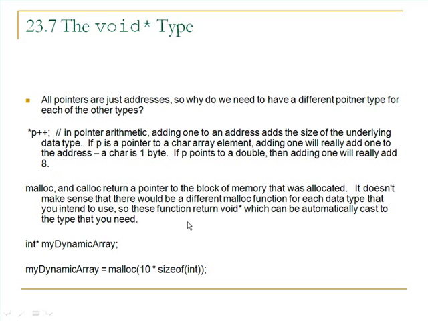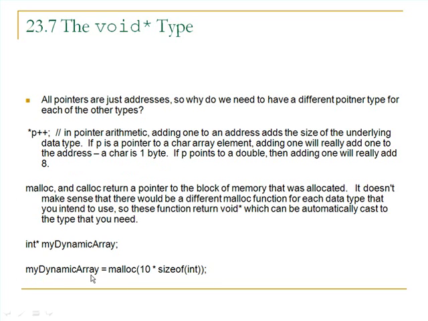Malloc and calloc return a pointer to the block of memory that you have allocated. And it doesn't make sense that there would be a different malloc function for each data type that you intend to use. So these functions return a data type called void pointer. And void pointer can be automatically cast to the type that you need. So look at what's happening here.